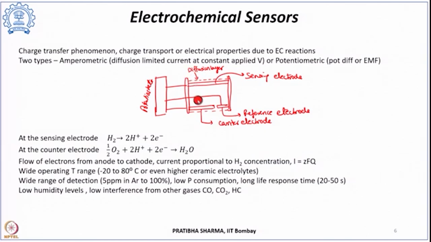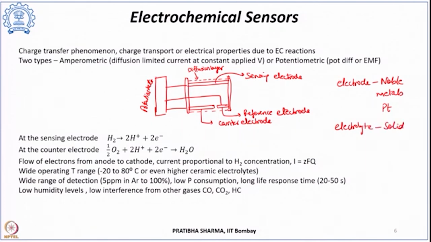The electrodes are usually made up of noble metals, generally platinum. The electrolyte could be either a liquid electrolyte or a solid electrolyte.